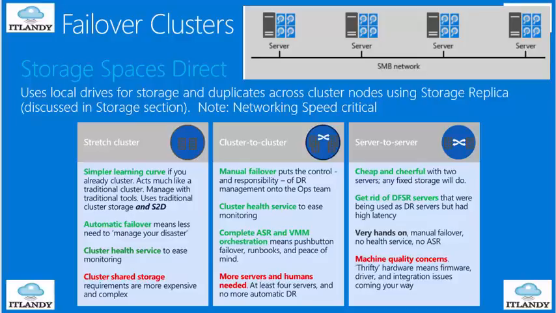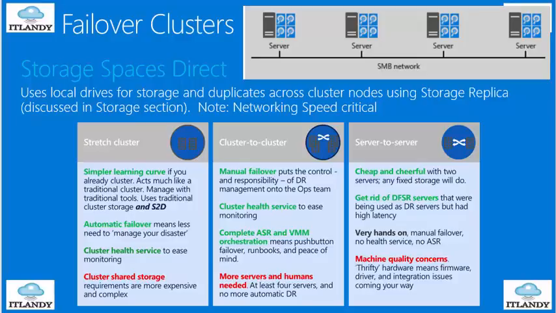Instead, it uses a network storage fabric, leveraging SMB3 and SMB Direct RDMA for high speed and low latency storage. To scale out, simply add more servers to increase the storage capacity and the I/O performance.